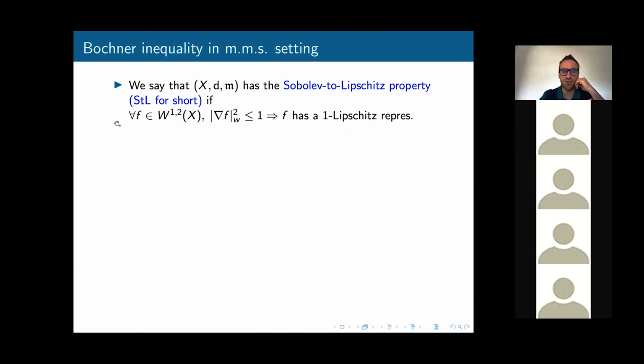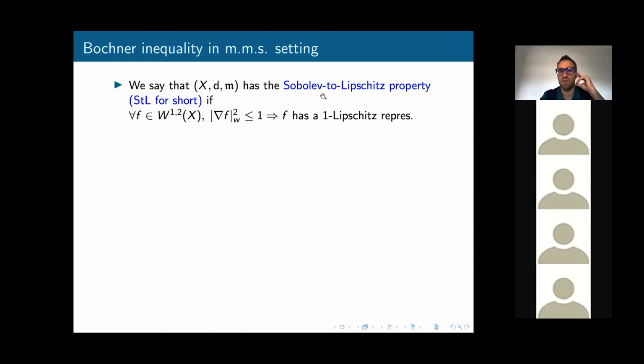This is natural in the smooth setting, because if a function has gradient less or equal than 1, you just integrate the gradient along geodesics, and you get that the function is 1-Lipschitz. In a metric measure space, this is a regularity requirement on the space X, because, for instance, if the space X does not have enough curves, then you cannot integrate this inequality, and you cannot get this information.